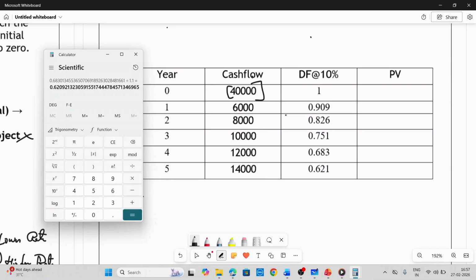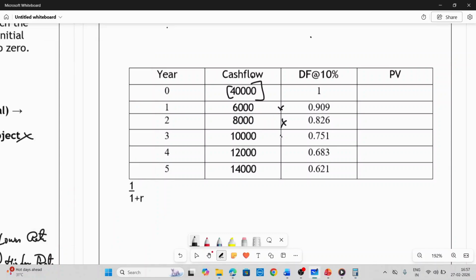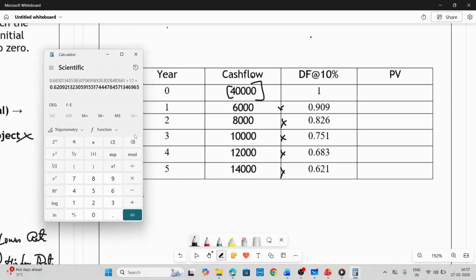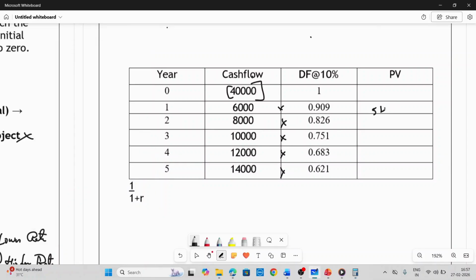Okay, you got it. Now multiply this and you will get the PV value. So 6,000 into 0.909 is 5,454.